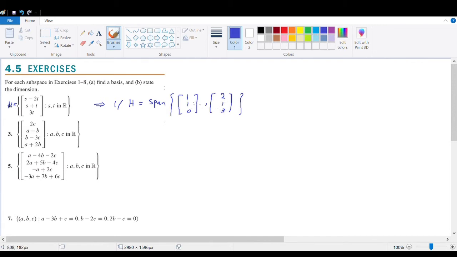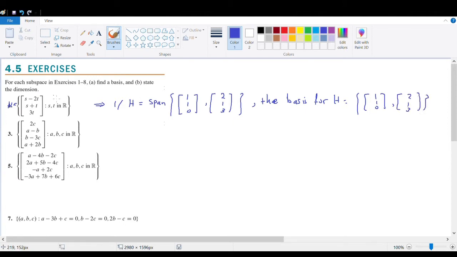Since this one is not a multiple of this one, none of these two vectors is a multiple of the other, so they are linearly independent. And since they span H itself, the basis for H is (1, 1, 0), (2, 1, 3).